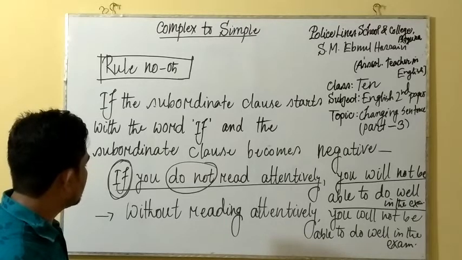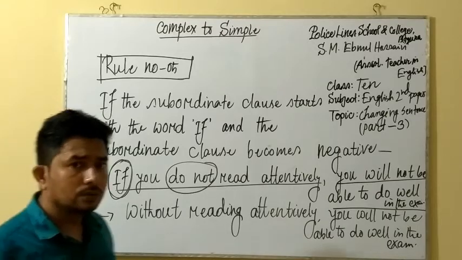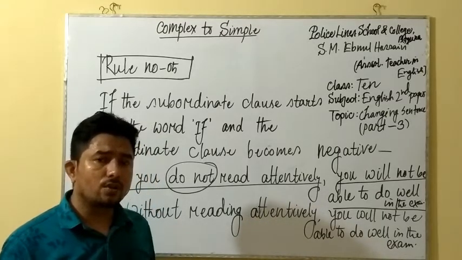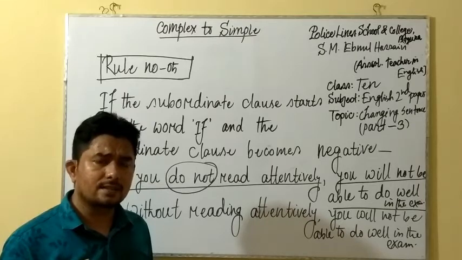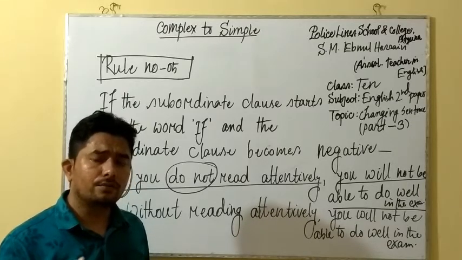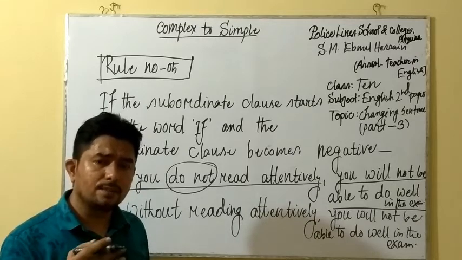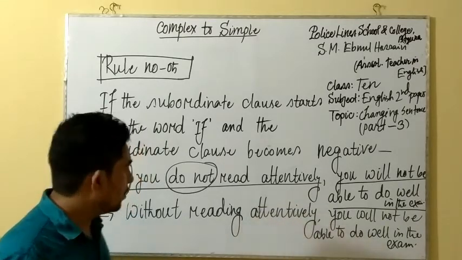So we can say that if the subordinate clause contains the word if, and you know that if denotes conditional sentences, that means this type of sentence expresses a condition, or some condition is imposed on it.